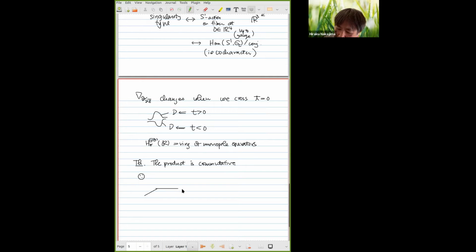There is a simple reason if you believe this is the ring of monopole operators. We have the z plane and a time direction, and make a modification at t equals 0.